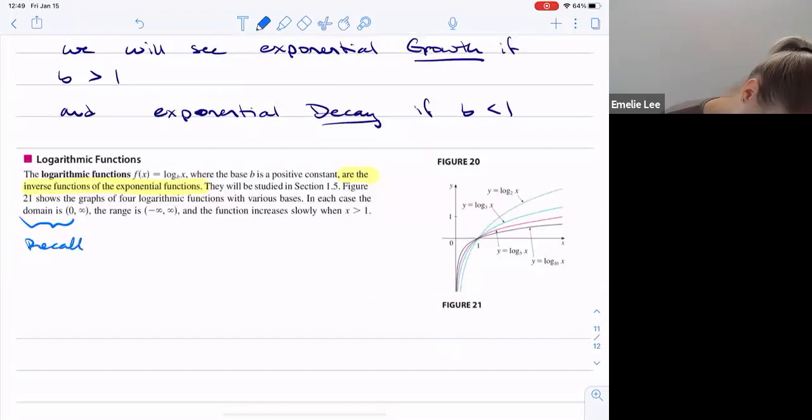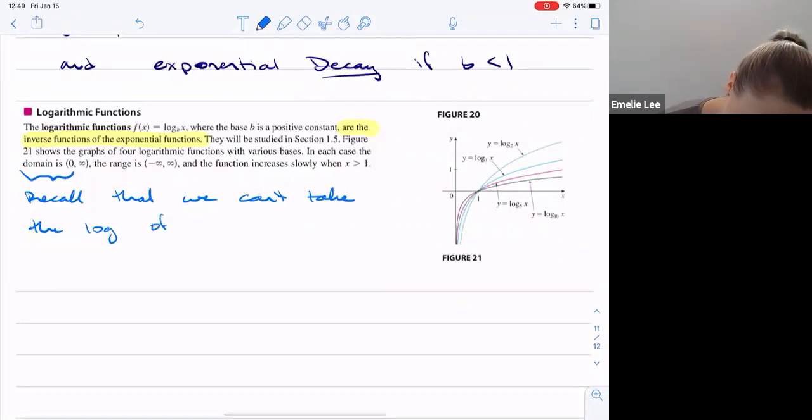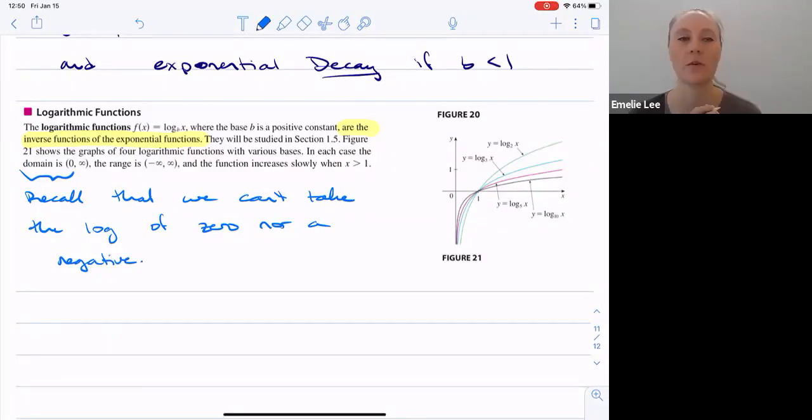Recall that we can't take the log of 0 nor a negative number. And that's what we're seeing here.